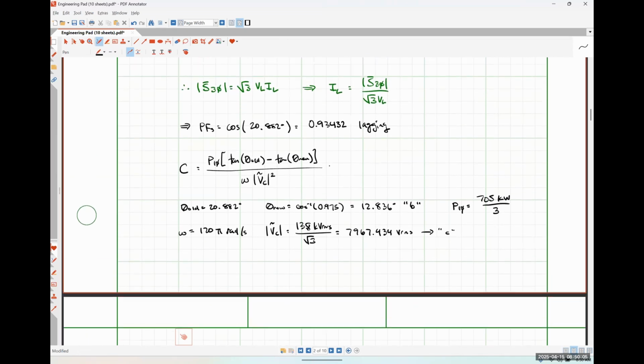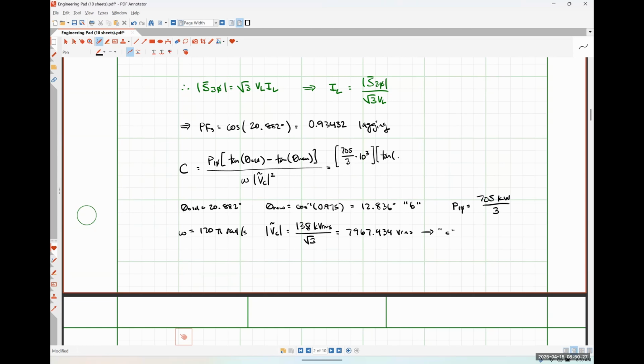So if I plug things into my equation for calculating C, I'm going to have 705 over 3 times a factor of 10 to the 3, so that I'm just putting it in watts instead of kilowatts.